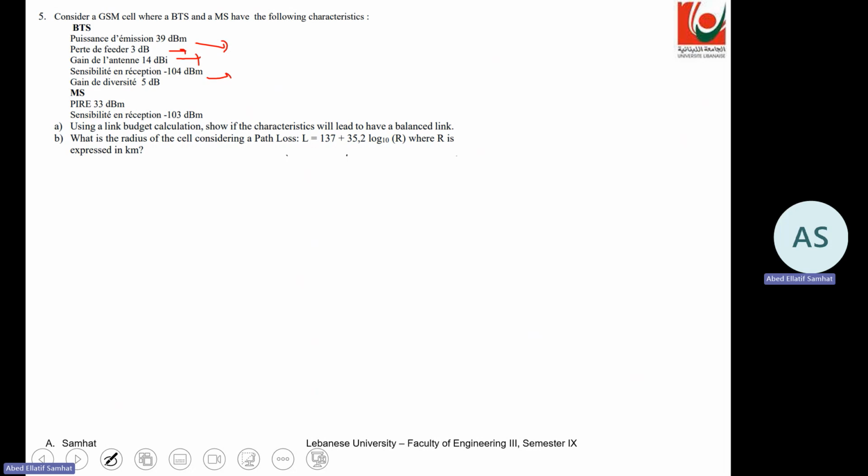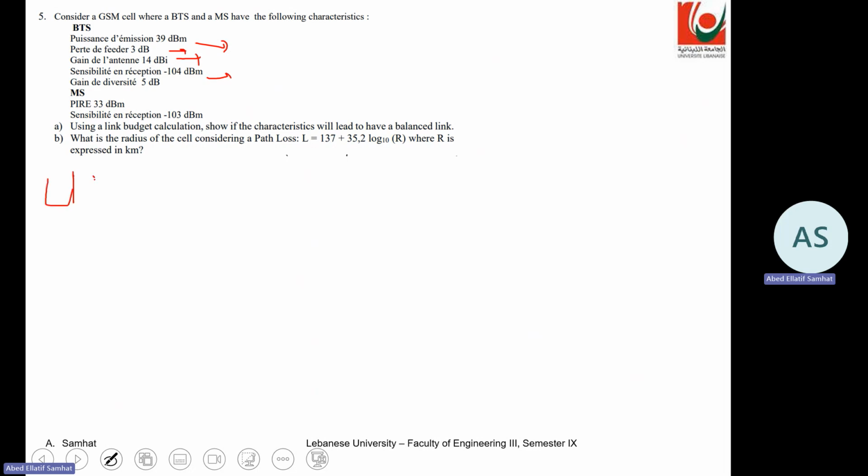For the mobile station, the terminal, we have the transmitted power 33 dBm and the sensitivity minus 103 dBm. Using the link budget calculation, show if these characteristics will lead to a balanced link. So we should study the uplink and the downlink.